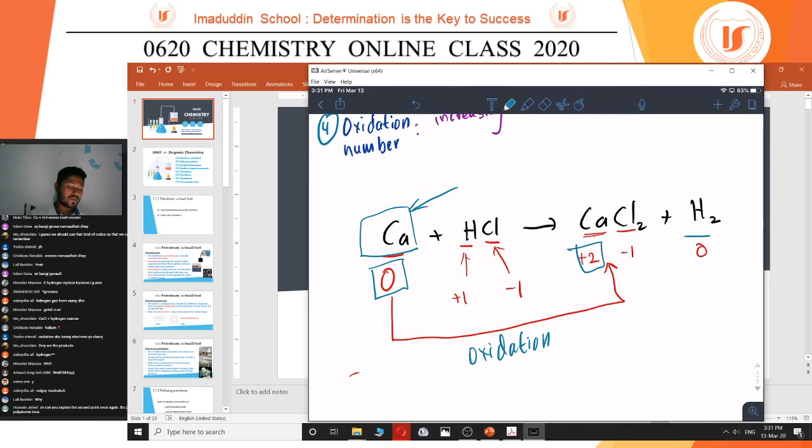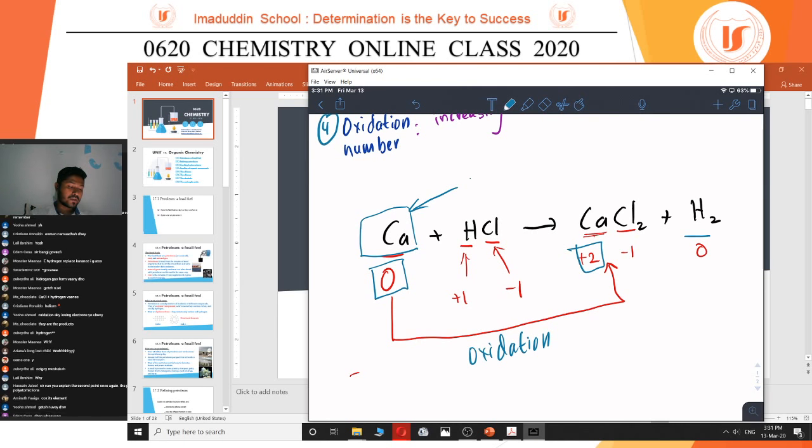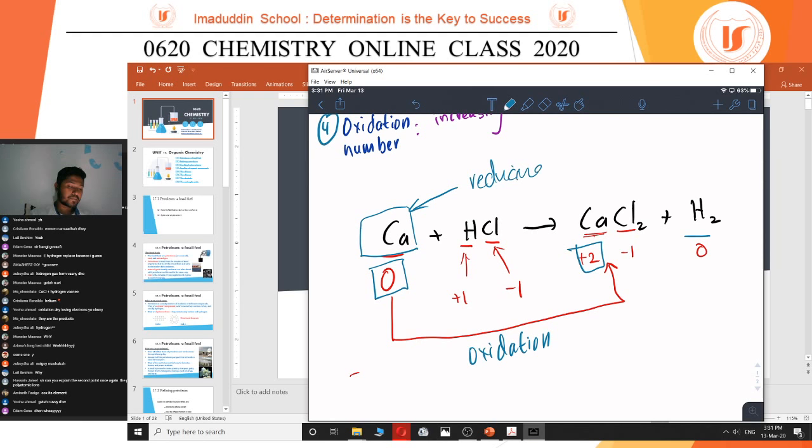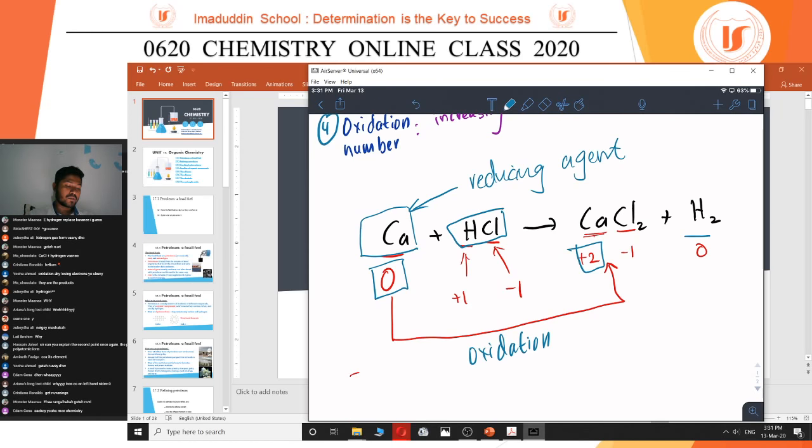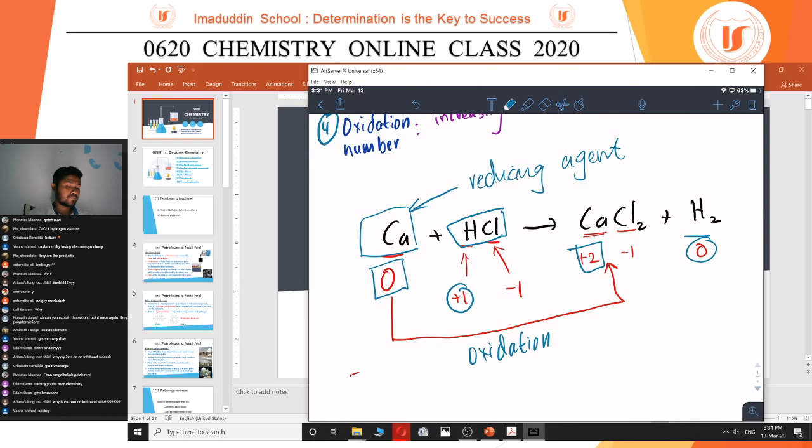The substance that itself is oxidized is the reducing agent, because calcium helps HCl to reduce. If calcium is the one which is oxidized, HCl will be the one that is reduced, because for HCl the oxidation number is decreased from +1 to 0.